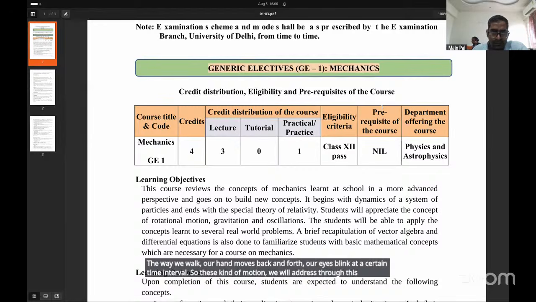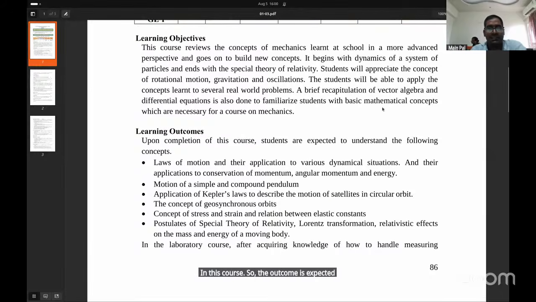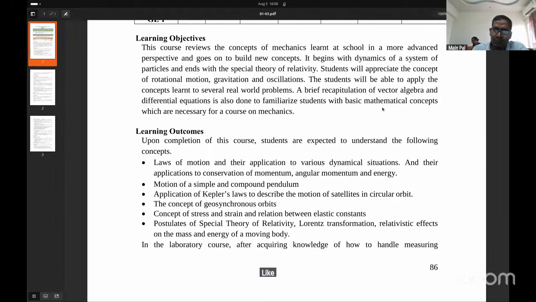So this kind of motion we will address in this course. The expected outcome is that the student will learn the laws of motion and their applications through various dynamical situations, like simple pendulum and compound pendulum.